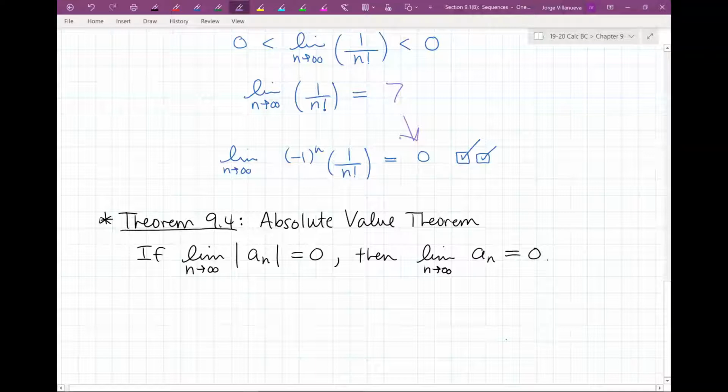The absolute value theorem doesn't tell us that. It says that if you can show me that the limit of its absolute value is 0, then I can tell you that the sequence itself has a limit of 0 too. So don't ever say the absolute value is 7, therefore this must be 7 as well. You're not using the theorem correctly. The theorem only applies if you get a 0 here, then this must be a 0.